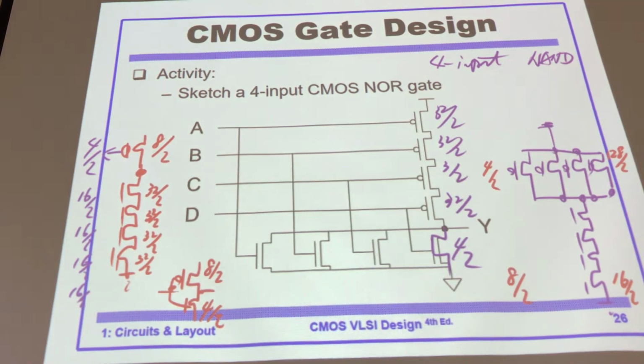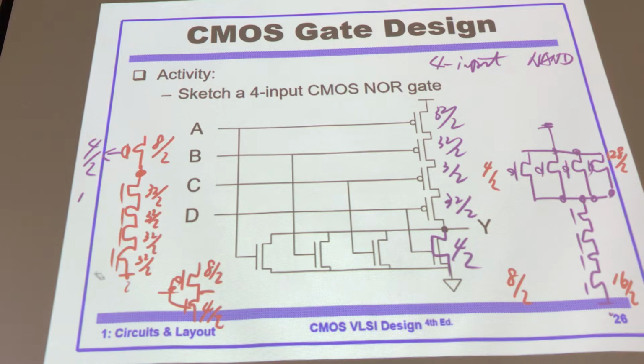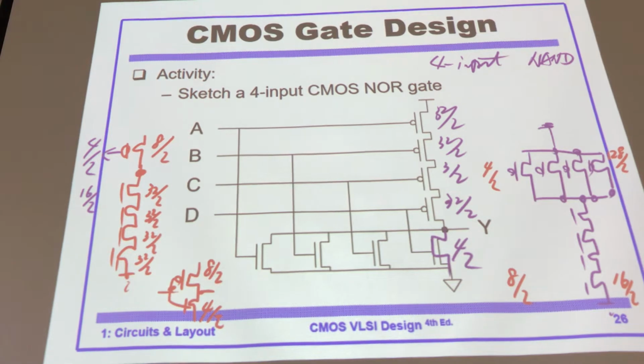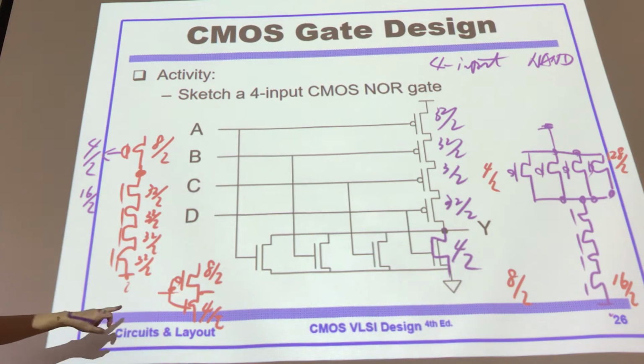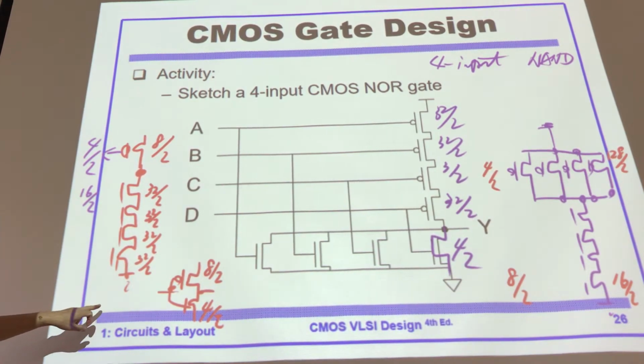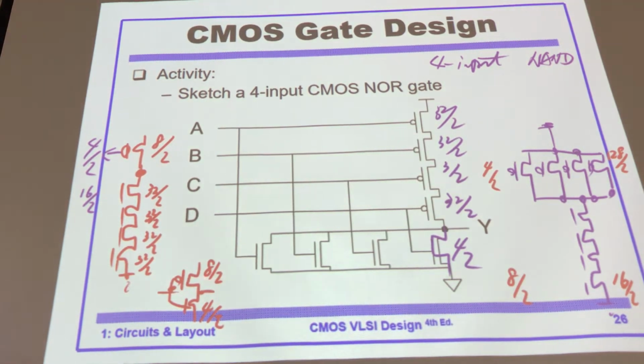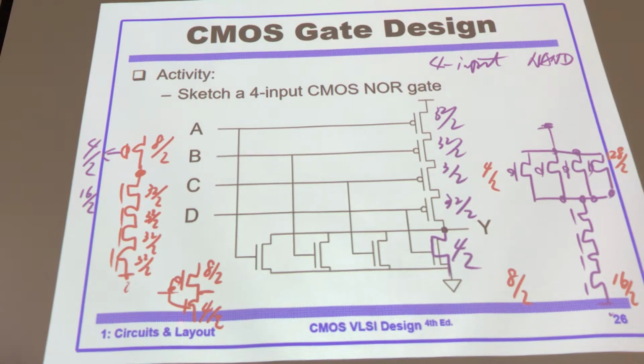Teacher, the NMOS should originally be 16, right? 4 times 4 is 16, not 32. I'm sorry, let me check. With 1 PMOS and 1 NMOS, 8 over 2 and 4 over 2 is the minimum, right?